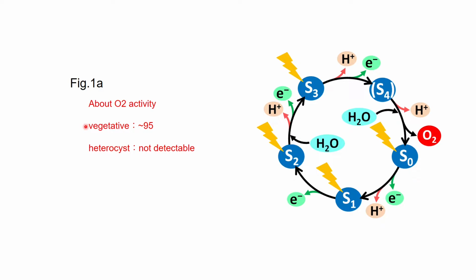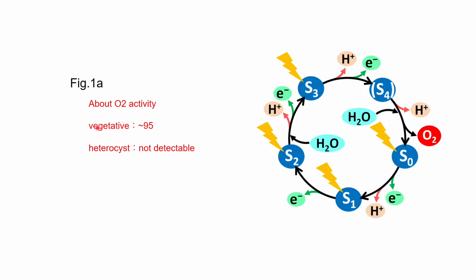Okay, this is figure 1. Figure 1 shows PS2 activities, namely oxygen evolving activities and thermoluminescence. Figure 1a is oxygen evolving activities.